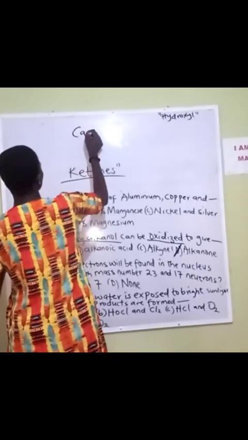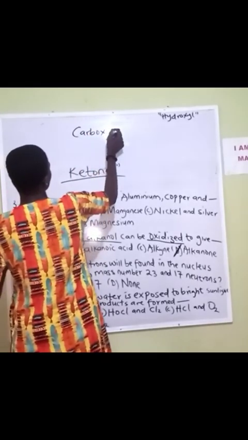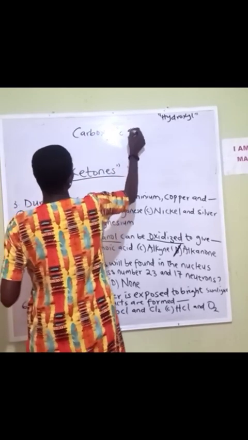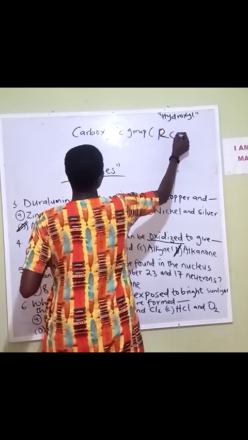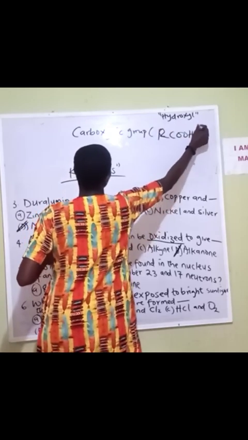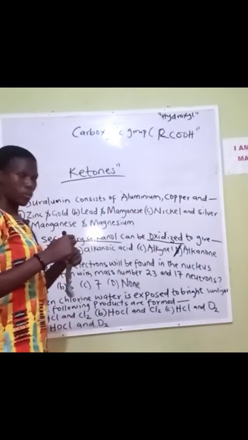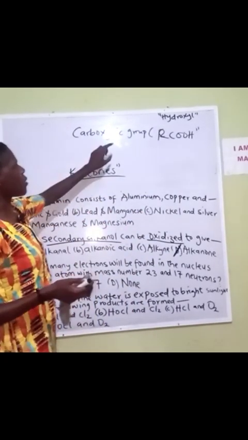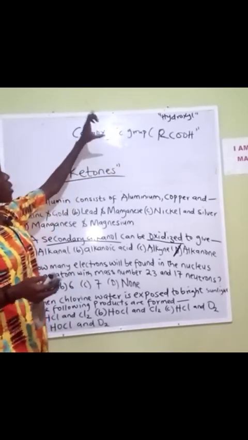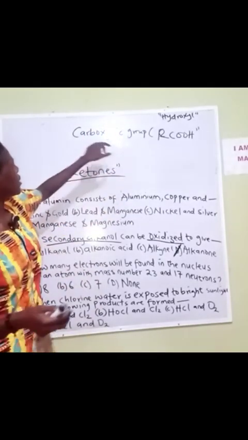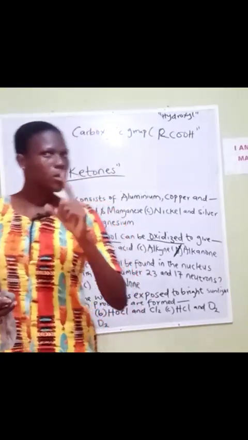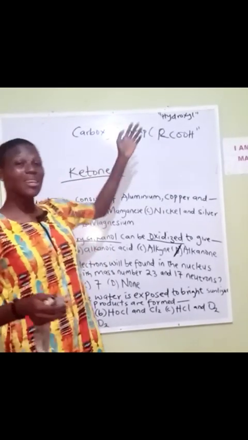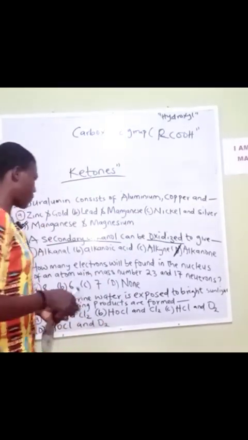Carboxylic, that is COOH. So this is what it forms for the primary alcohol. And when a secondary alcohol is oxidized, it forms the ketones. Okay, thank you.